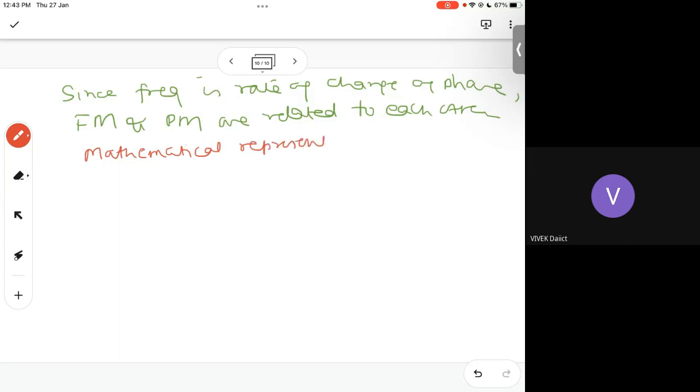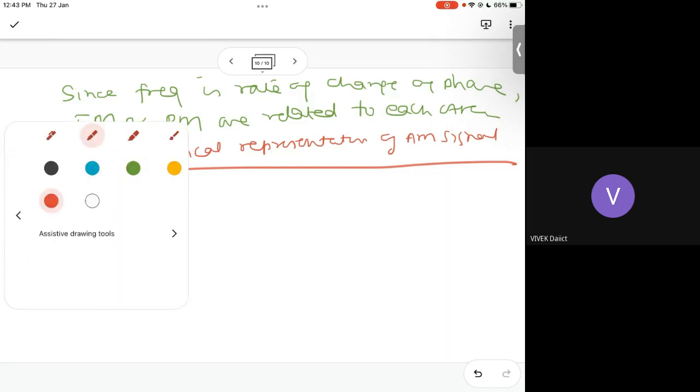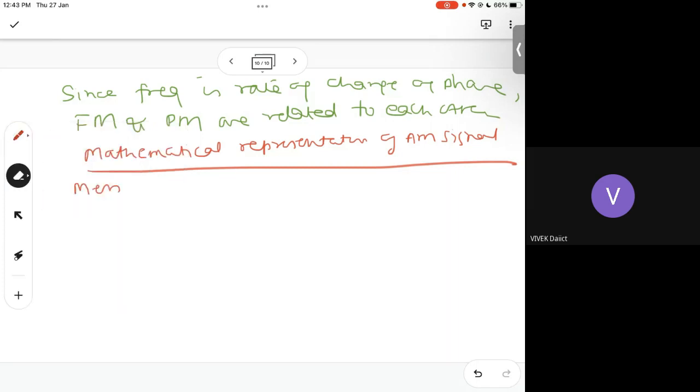Representation of AM signals. I am doing much more homework for you, writing each and everything so that you can refer to the notes anytime. Basically we have three signals in the modulation.